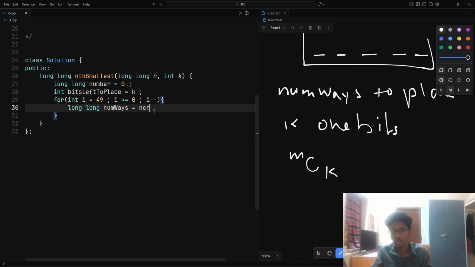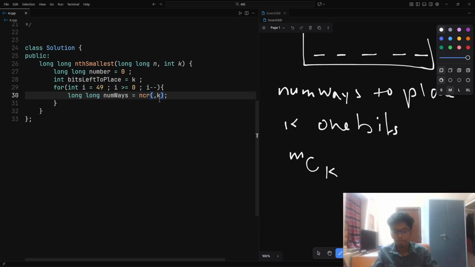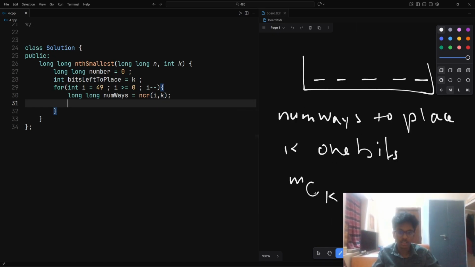Let's say there's a function that returns ncr. We'll pass m comma k here, and m would be this i. So ncr of i comma k. We have i bits left, and we need to place k ones in those bits. How many number of ways do we have? This is what we are exactly finding.